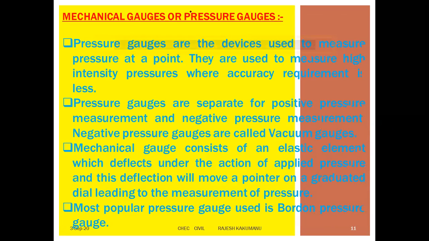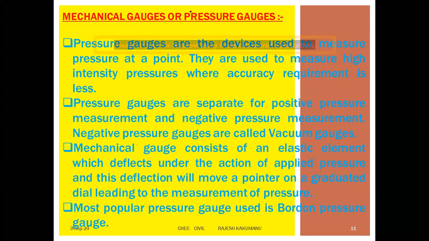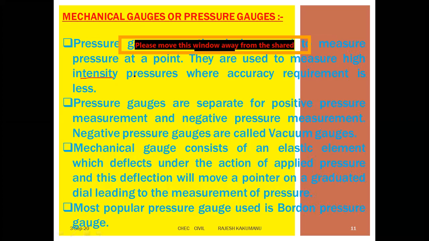The manometer has the same definition, but one thing: mechanical gauges are used to measure high intensity pressures where the accuracy requirement is less. With a larger quantity, accuracy at the micron level will differ when compared to mechanical gauges.